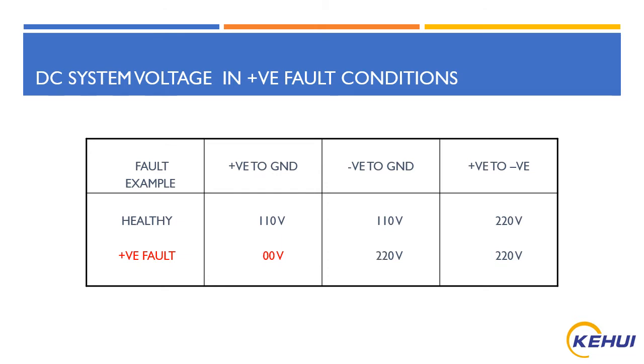There are certain cases where the system gets a dead short, or the positive polarity gets a low resistive fault or a dead short, where positive to ground becomes 0 volt and negative to ground 220 volts, and still positive to negative remains 220 and it works until the opposite polarity gets a fault. If the opposite polarity also gets a dead short, then the whole substation becomes blackout.